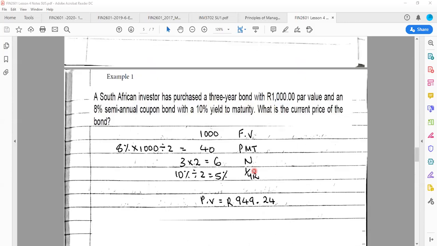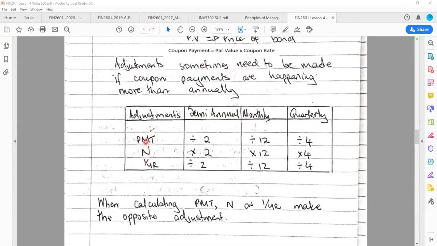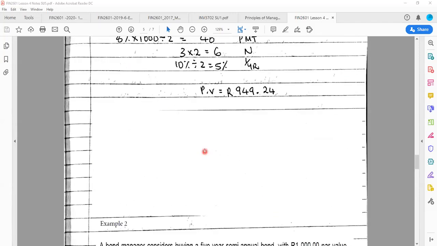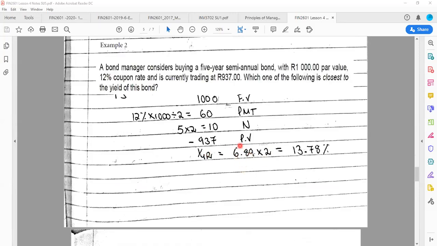But remember, we said that when we're calculating any of these items, we need to make opposite adjustments to what we usually make when they are inputs. So this 6.89% is a semi-annual yield to maturity, and we need to multiply it by 2 to change it into an annual yield to maturity.